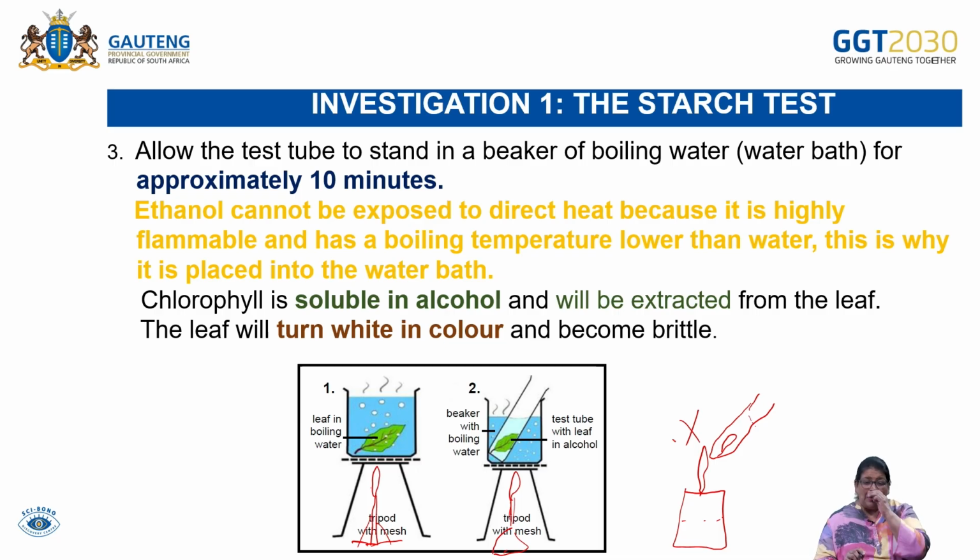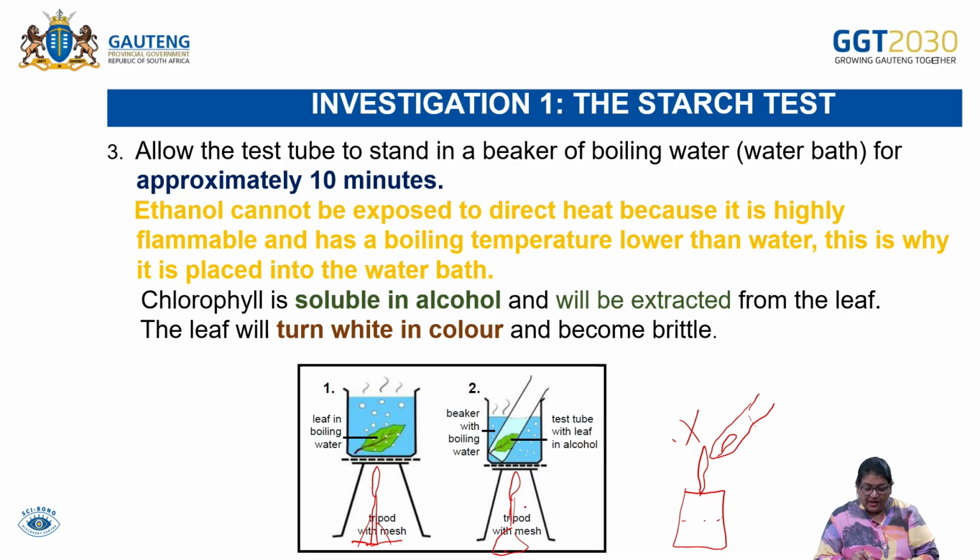So whenever you are using ethanol, what are some of the precautions you need to be aware of in the laboratory? The test tube of ethanol should not face you. It should face the direction where there are no learners. If all the learners are here and you are observing the experiment, that test tube should face the other way, because we don't want the ethanol to boil over and burn you.